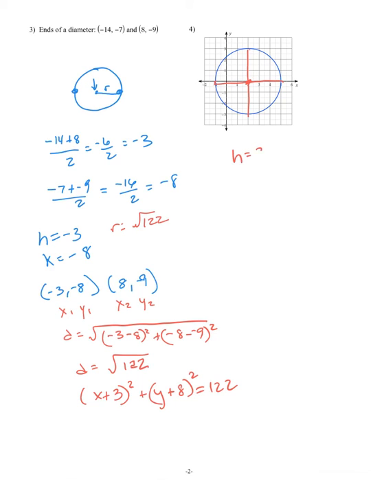So h is 2, k is 0. And then the radius is going to be from 5 to 2, so 3. So the radius is going to be 3. You just count the blocks here. And then you just put that in your equation. X minus 2 squared plus y squared equals 9.